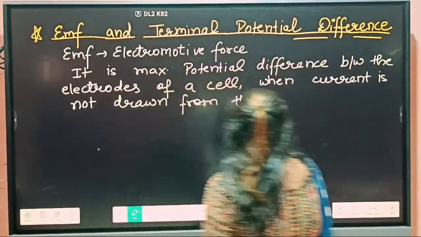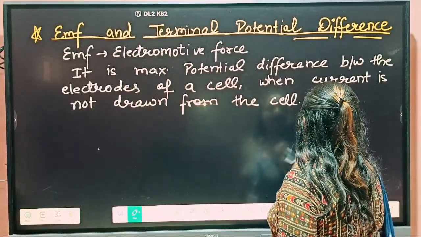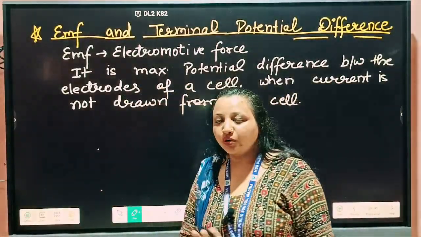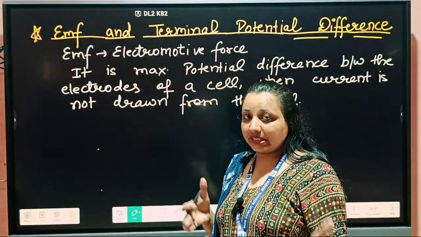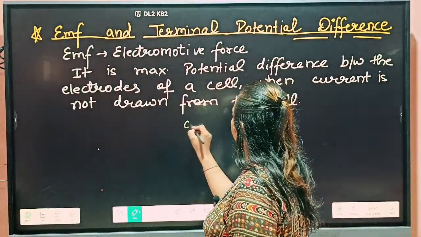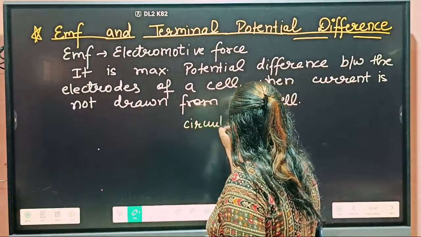The circuit doesn't draw the current from the cell. That means it is the maximum potential difference between the electrodes of a cell when the circuit is open, when the electric circuit is open.